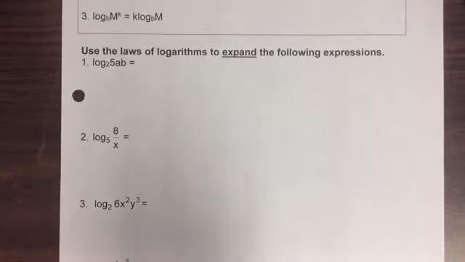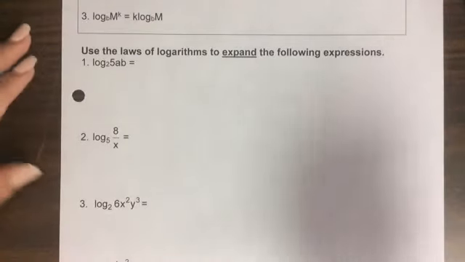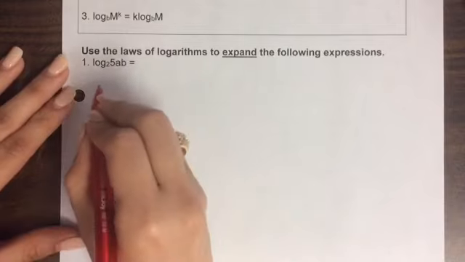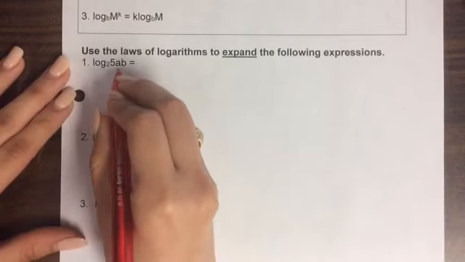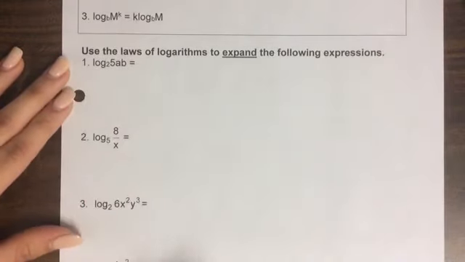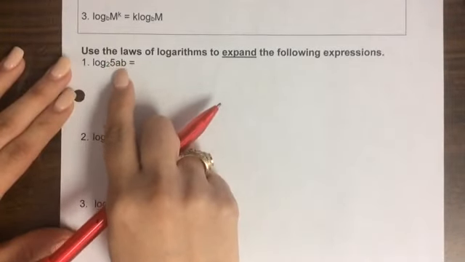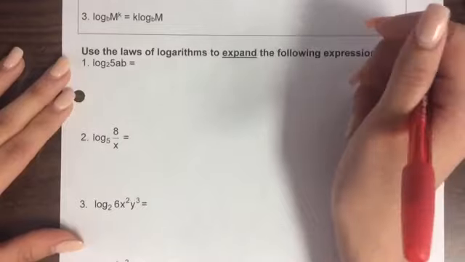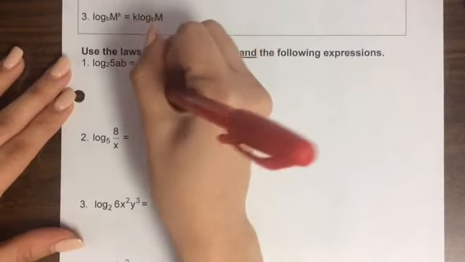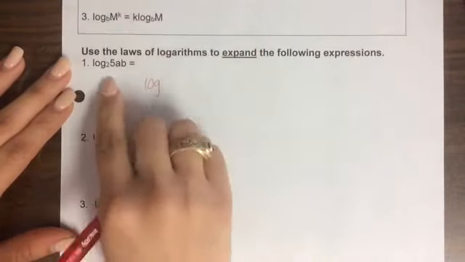So let's see. Here we have log base 2 of 5 times a times b. We just said when we multiply, all our variables are being multiplied, so we are going to end up adding them. We're going to expand all of them and make sure that they all have the same base.